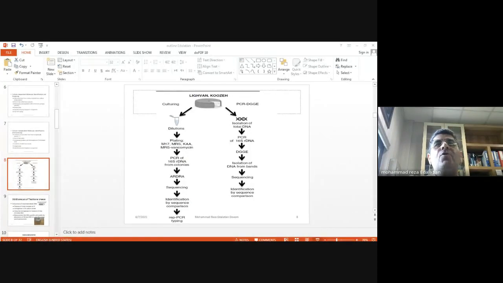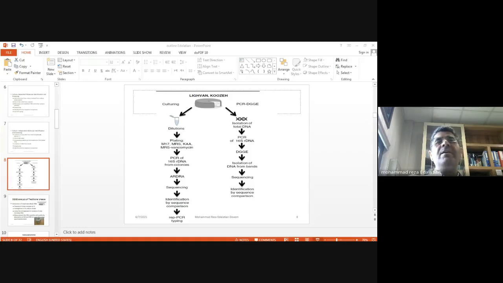After thawing, we should homogenize the food sample in 2% sodium citrate, and after that use the homogenate for isolation of total microbial DNA.